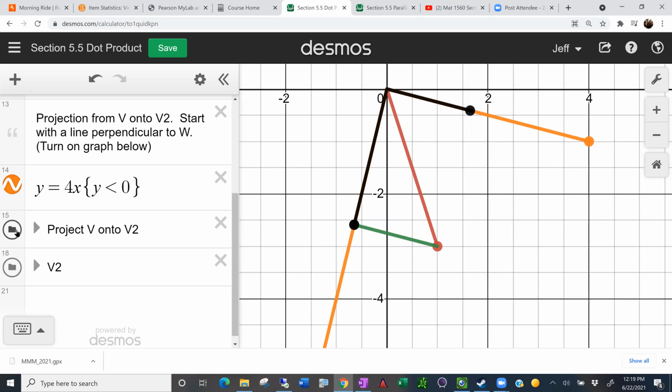I'll put that in black, and I'll shut off the projection, which is in green. So the two pieces in black, right here and here, that's what we're looking for. We decomposed this red vector into two parts, a part that was parallel to vector W and a part that was perpendicular to vector W. And that's it. Visually, that's what it is.